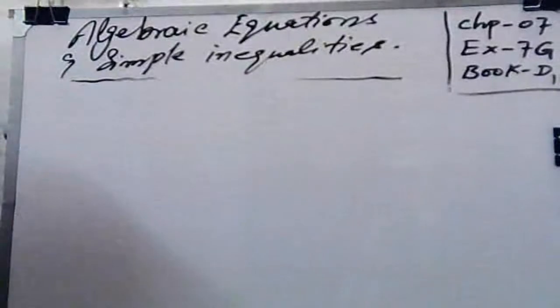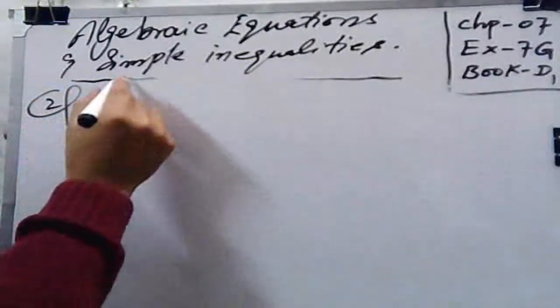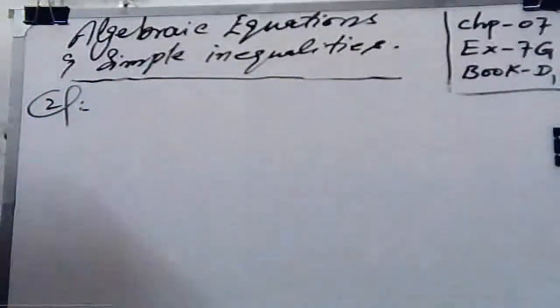In question number 2, Peter has 5 times as much money as David. If Peter gives $28 to David, both of them will have equal amounts of money. How much money did Peter have at the beginning? At the beginning.